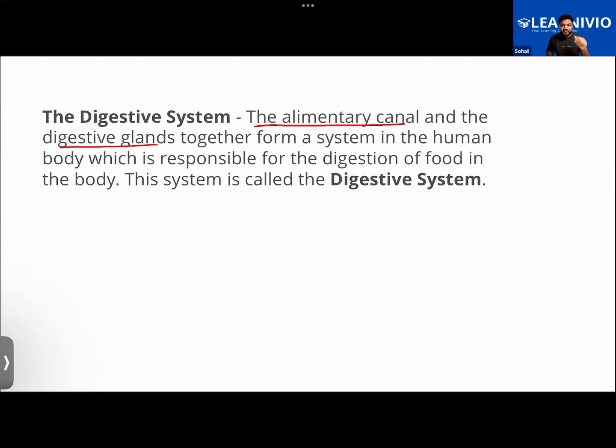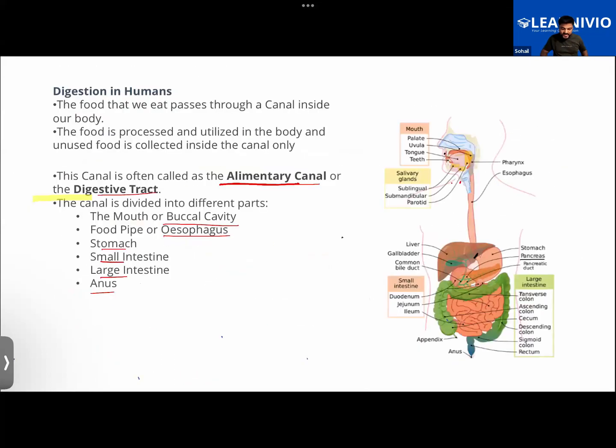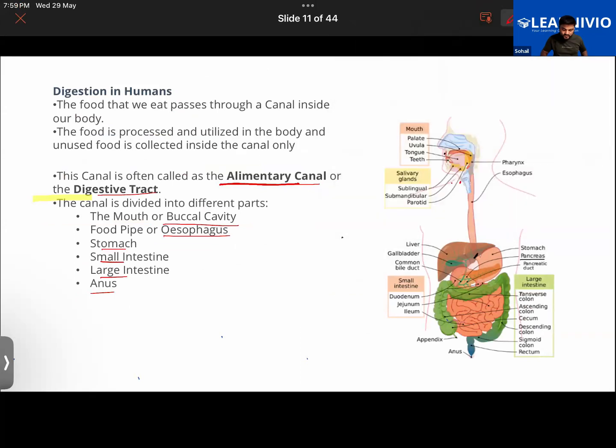Both together form a system responsible for digestion of food. Looking at this diagram, there are different parts of the alimentary canal: starting from the mouth, then food pipe, stomach, small intestine, large intestine, and anus.